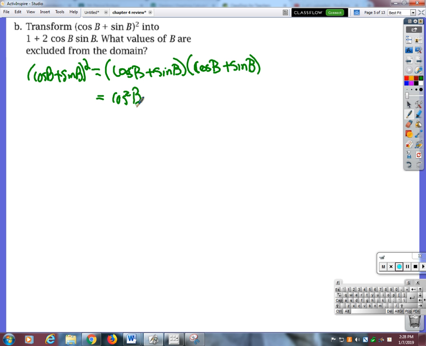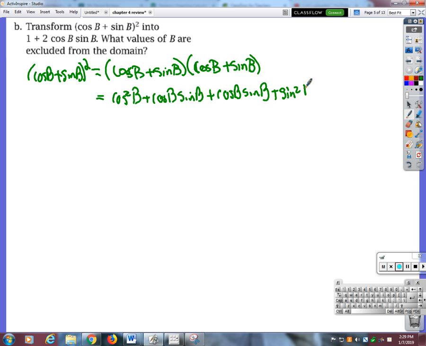Then I need to go outside times outside. Cosine times, we're multiplying. Then I have to do inside times inside. They don't cancel because they're both positive. We'll get to that in just a second. Then what do I get when I go last times last?